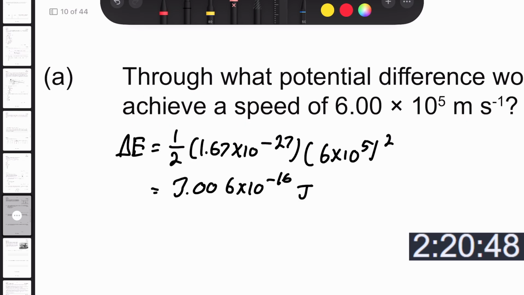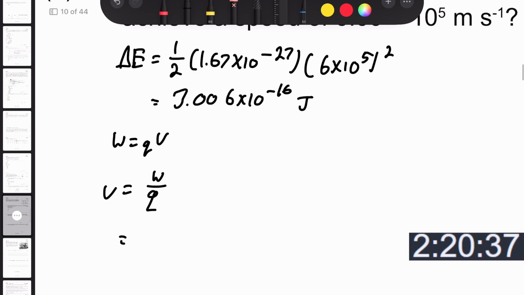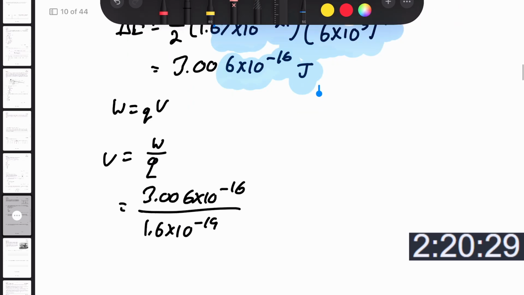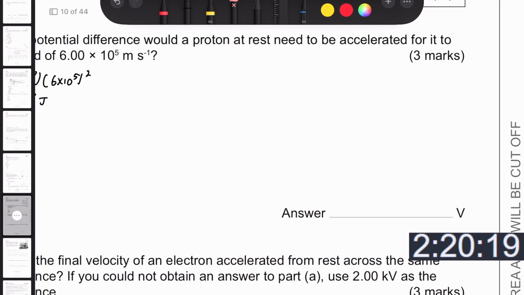And work equals QV. So then V equals W on Q. 3.006 times 10 to the negative 16 all over 1.6 times 10 to the negative 19. It gives me 1.88 times 10 to the 3 volts.